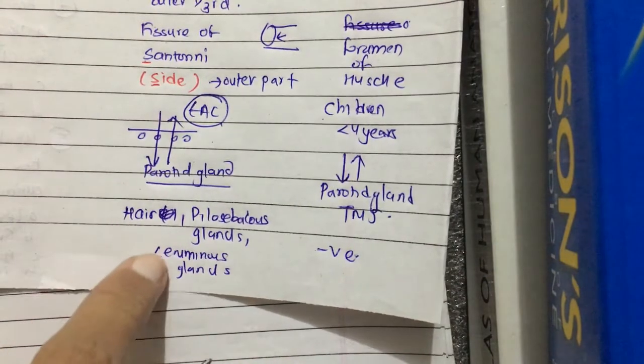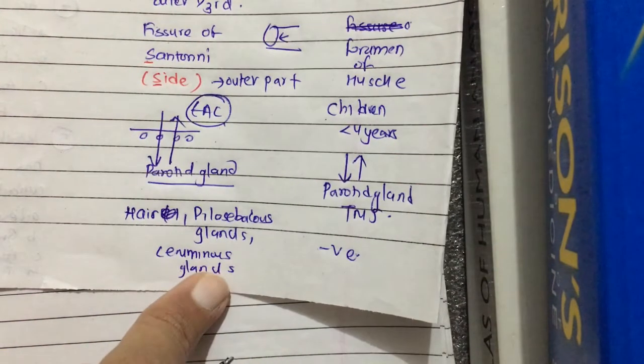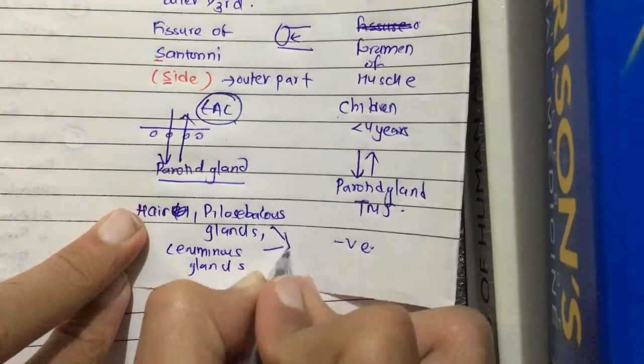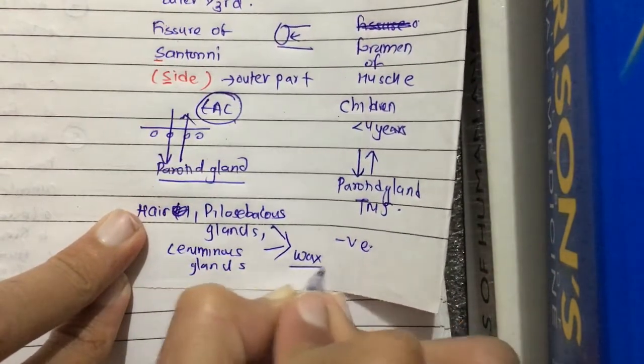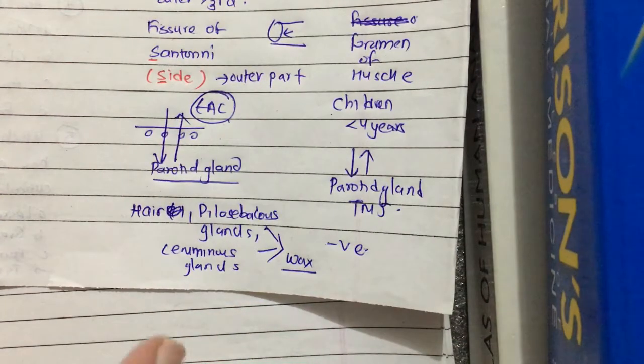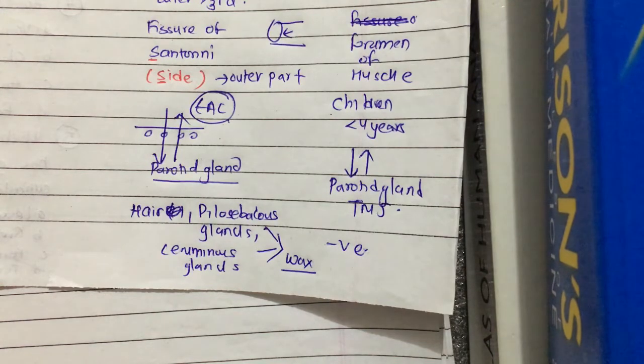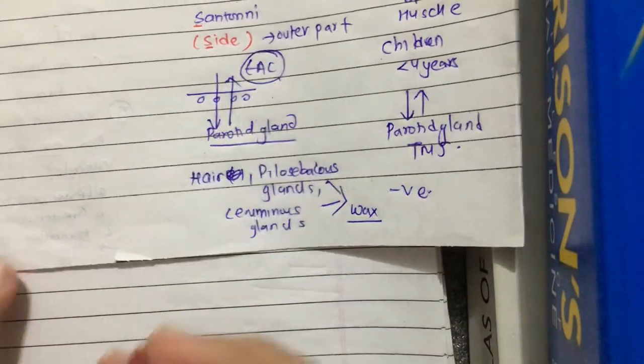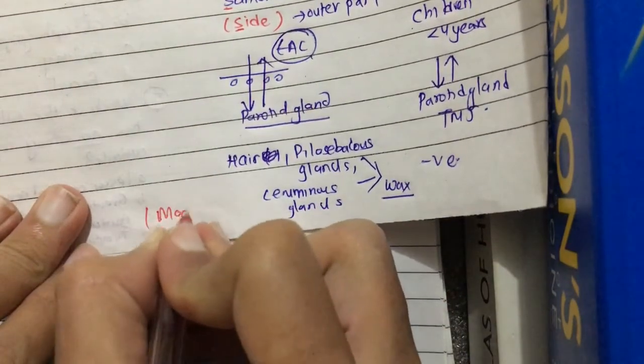So in the cartilaginous part, the ceruminous glands and pilosebaceous glands will secrete the wax. So wax is mainly secreted by the outer cartilaginous part.